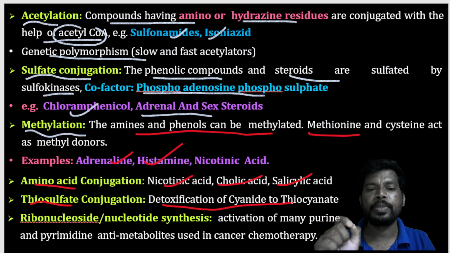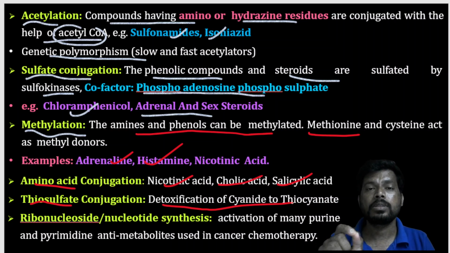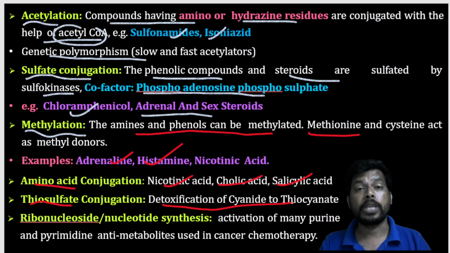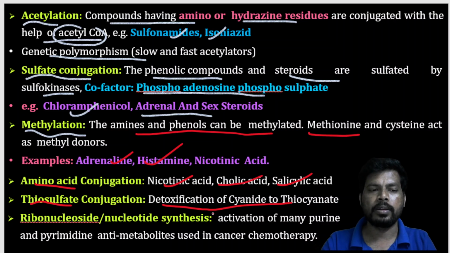Rhodanese is the enzyme responsible for the conversion of the toxic cyanide to the detoxified form. Thiosulfate is water soluble, which is readily eliminated as thiocyanate, not thiosulfate, thiocyanate. Thiocyanate is water soluble and eliminated through the urine.